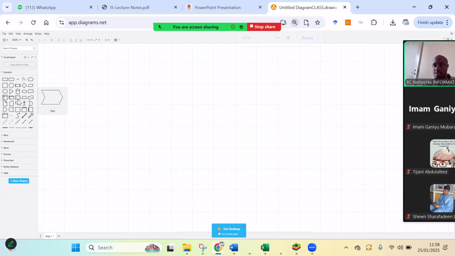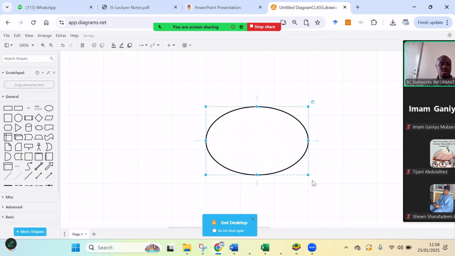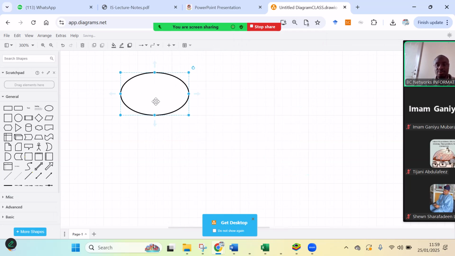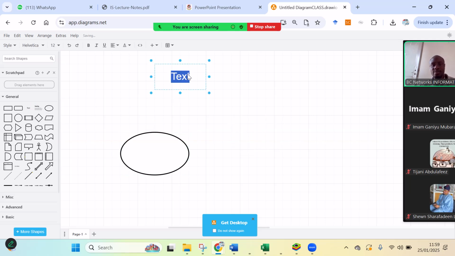So, what's happening here? We try to look at, maybe you get the concept now, right? Information security techniques, right?